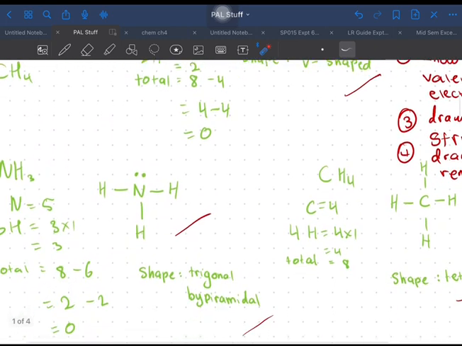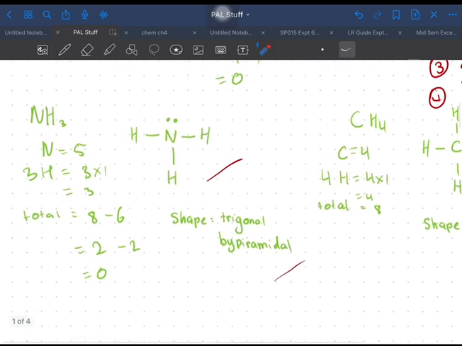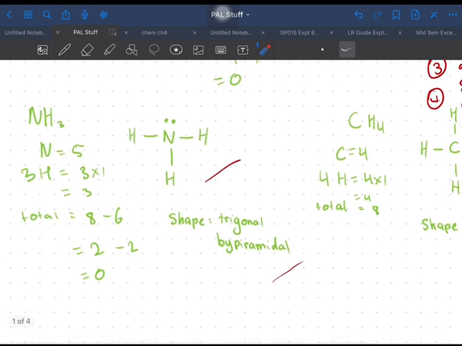Step 3, draw the skeleton structure. Because hydrogen has 3 and nitrogen has 1, that makes nitrogen the central atom. So this is the skeleton structure. Don't need to draw the lone pair yet.